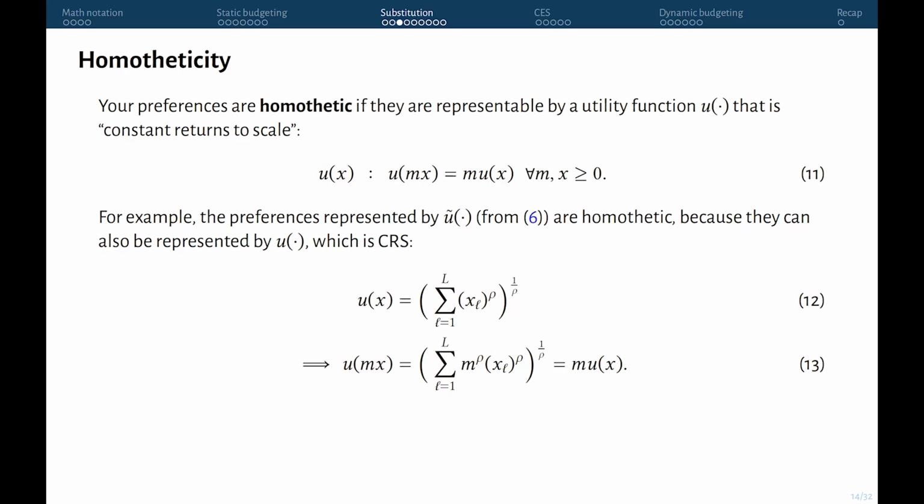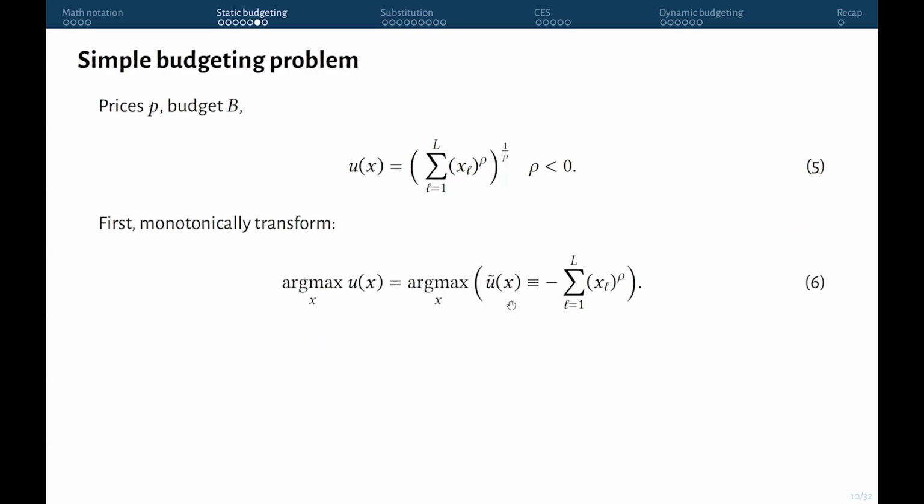And so the original utility function gets multiplied by M if all the goods get multiplied by M. But that's not true of the U tilde, right? Going back here, for this U tilde, multiplying all the goods by M, you multiply U tilde by M to the rho, not by M itself.